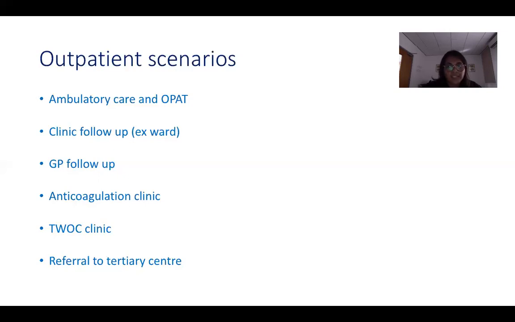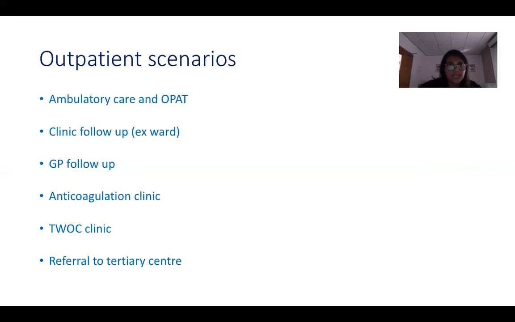There's no set way to do it. It depends on the unit that you're referring to and what you're referring for, but that's a completely different talk, which someone can show you. But essentially, just make sure it's written on the discharge letter what you've done.